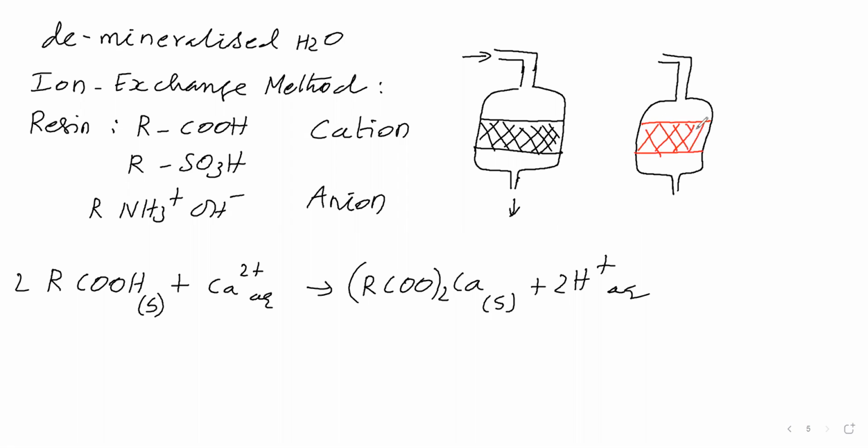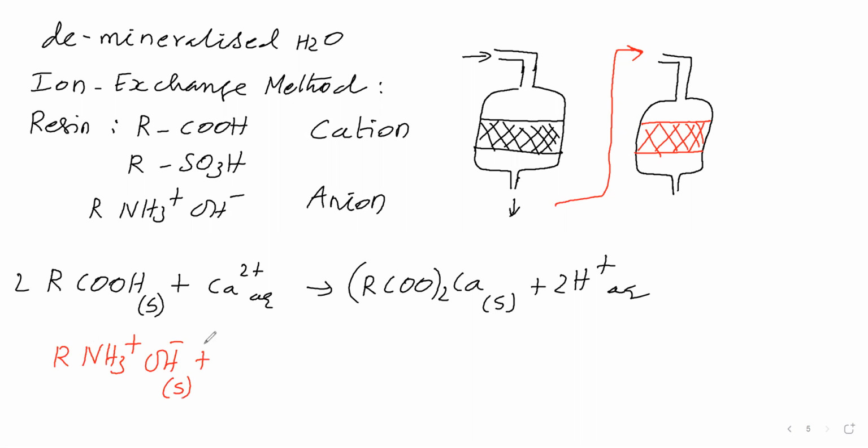The resultant water from the cation exchange resin is passed through the anion exchange resin, entering and percolating through it. What is happening here? We will see. The anion exchange resin formula is RNH3 plus OH minus.